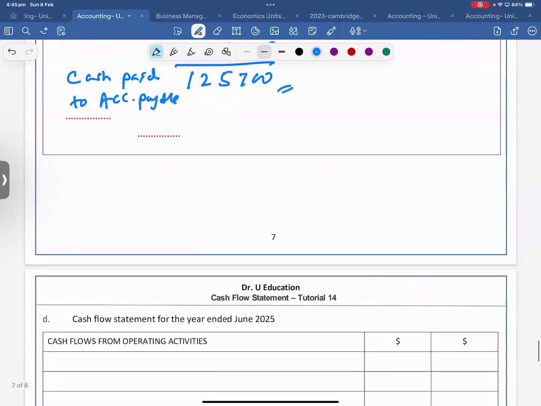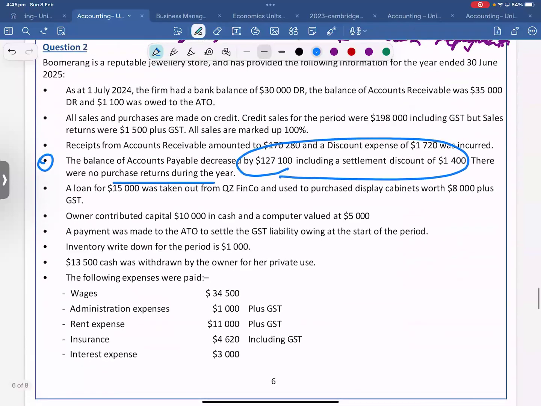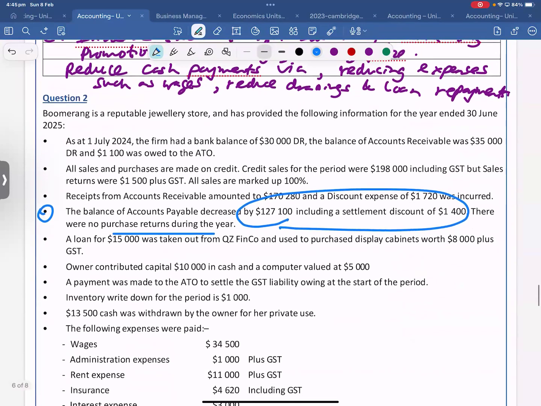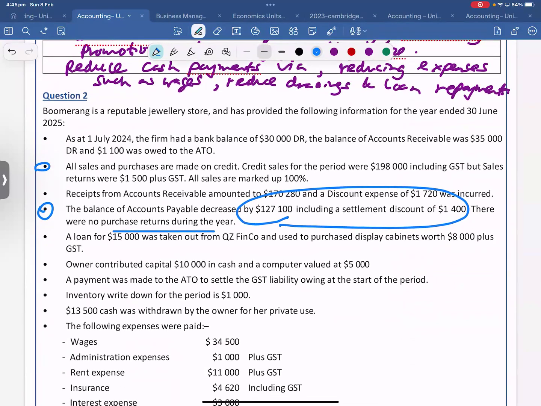Second bullet point, all sales and purchases are made on credit. We didn't calculate this, we were given it. This is from accounts receivable. How much was it, guys?